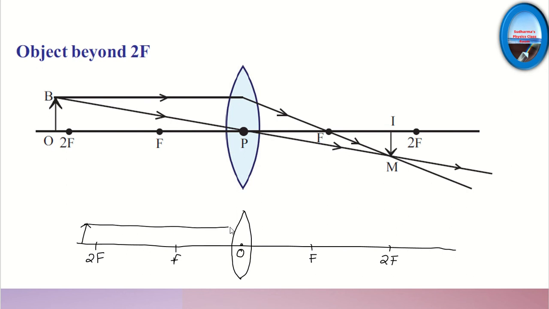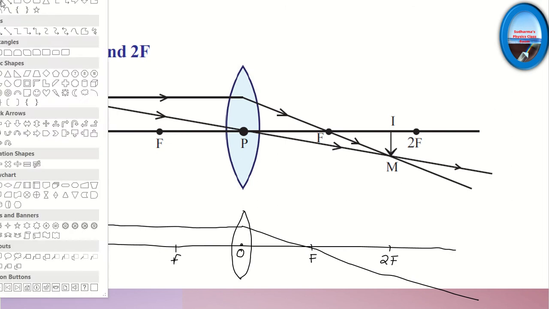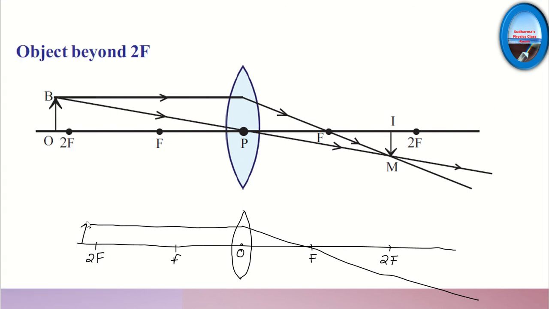So you draw a ray which is parallel to the principal axis. After refraction, it passes through the focus. Another ray which passes through the optical center. After refraction, what happens? If it is through the optical center, then it will pass undeviated.